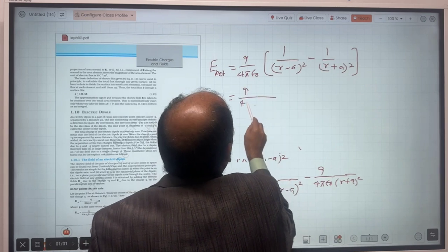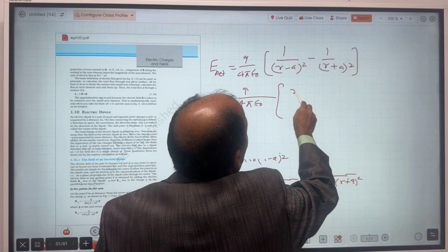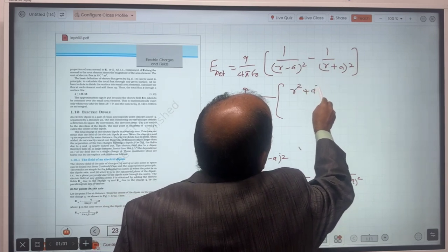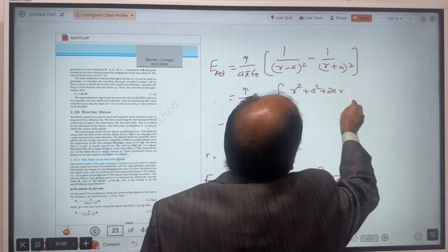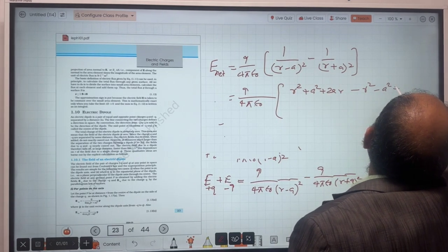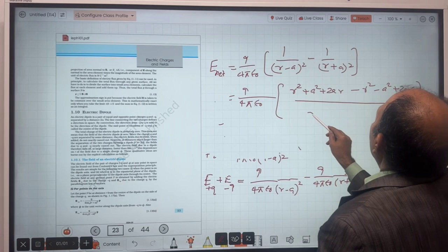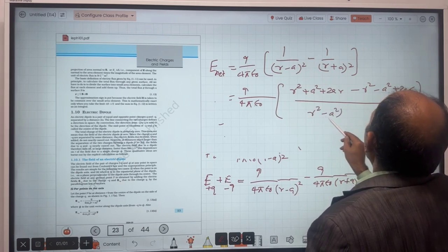This will become Q upon 4 pi epsilon naught, then R square plus A square plus 2AR minus R square minus A square plus 2AR, whole divided by R square minus A square whole square.